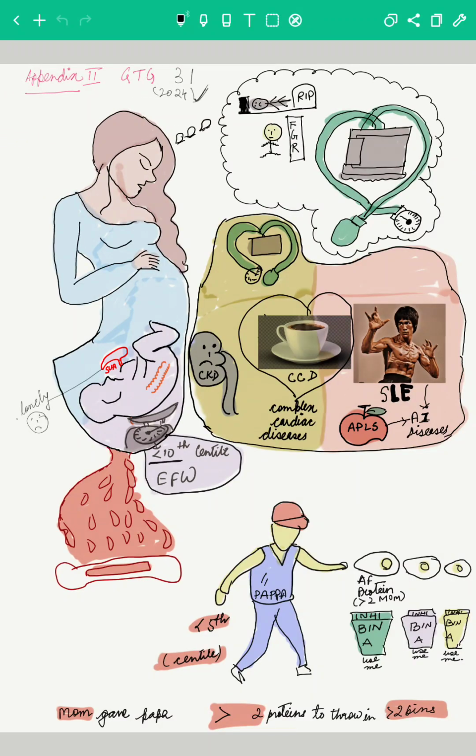Now this is a story about a lady who has a very poor traumatic history, or the memory of her last pregnancy is something that she's not very happy about. Why? Because she has a history of a child which had fetal growth restriction.